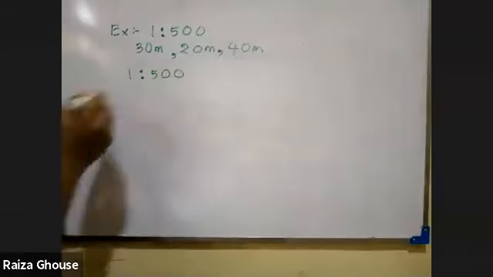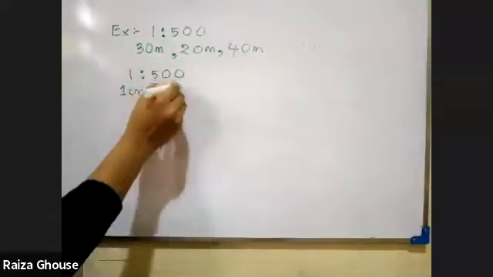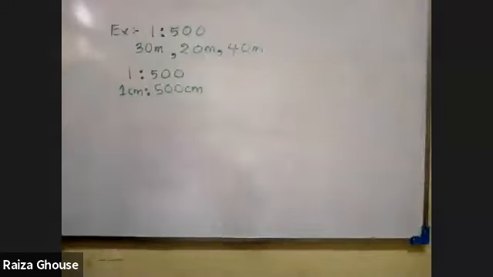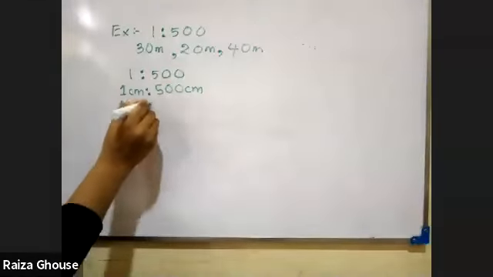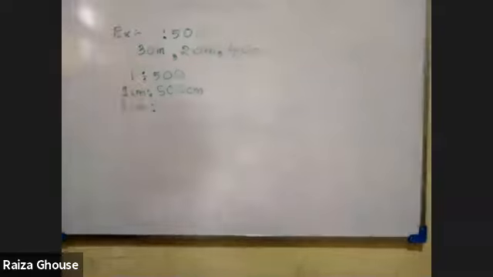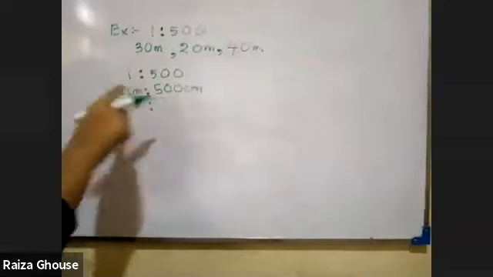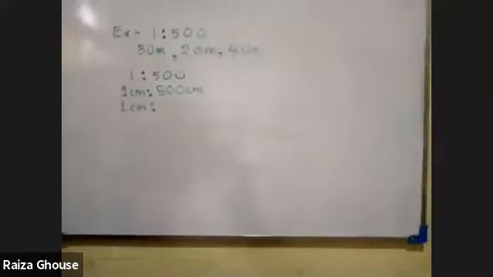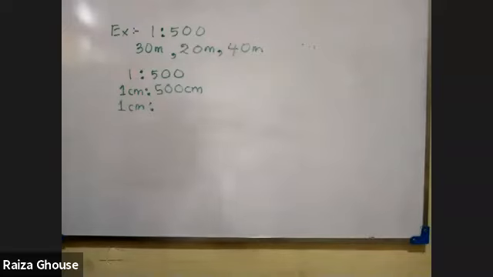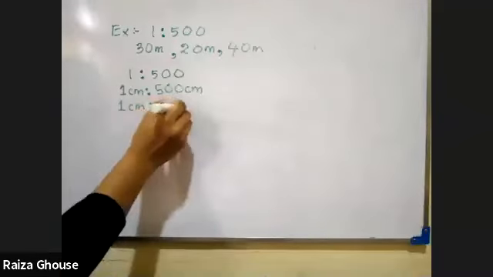1:500 means what? 1 centimeter is representing 500 centimeters. This is the story. So, 1 centimeter we write here. 500 centimeter, what is it in meters? We know that 1 meter is equal to 100 centimeters. So 500 centimeter means 5 meters.